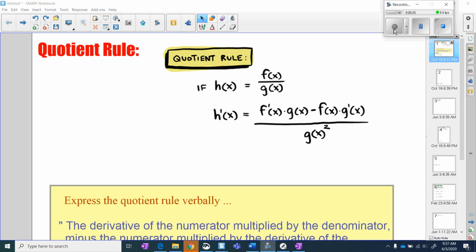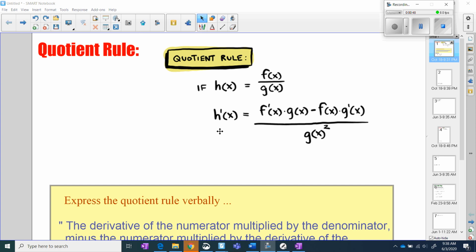The quotient rule, obviously by name, is used for differentiating quotients. Quotients are things that are divided. Typically, we'll see them in fraction form like this. And this is the rule here, how it works.